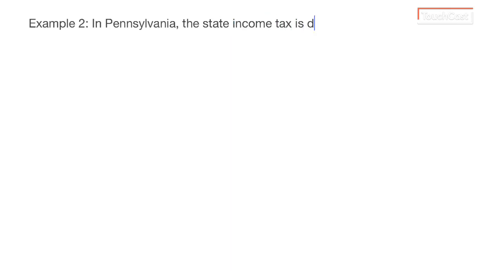So let's look at our next example. Example 2, which is a word problem. It's going to state, in Pennsylvania, the state income tax is directly proportional to gross income.